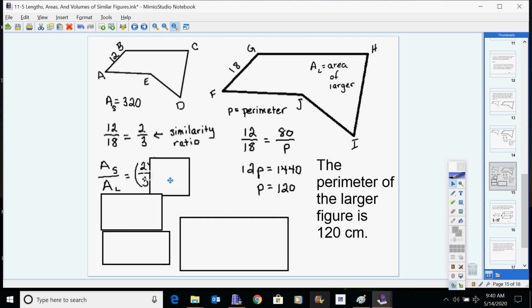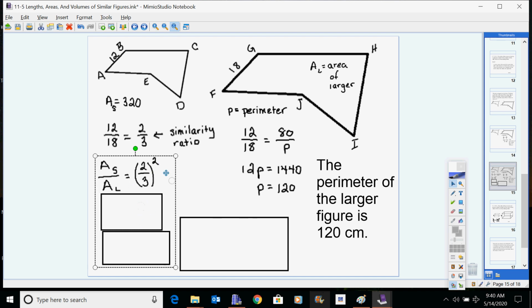So here is the square of the ratio. The area of this one compared to the area of this one is the square of the ratio, because we're dealing with areas rather than just sides or lengths. Okay? So the area of the smaller compared to the area of the larger is this 2/3 similarity ratio squared.